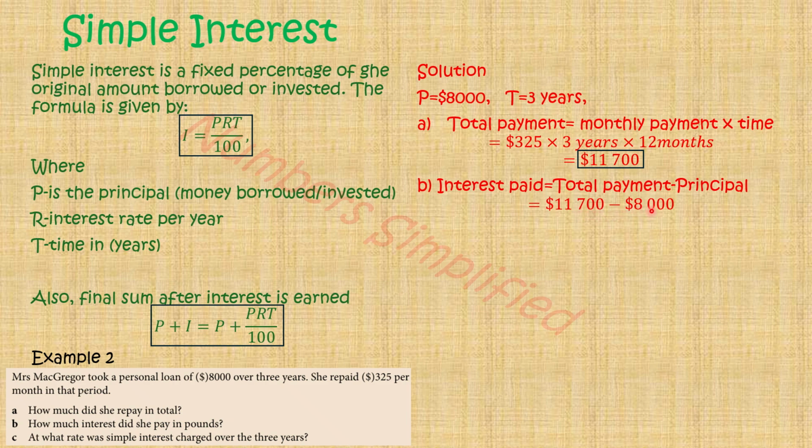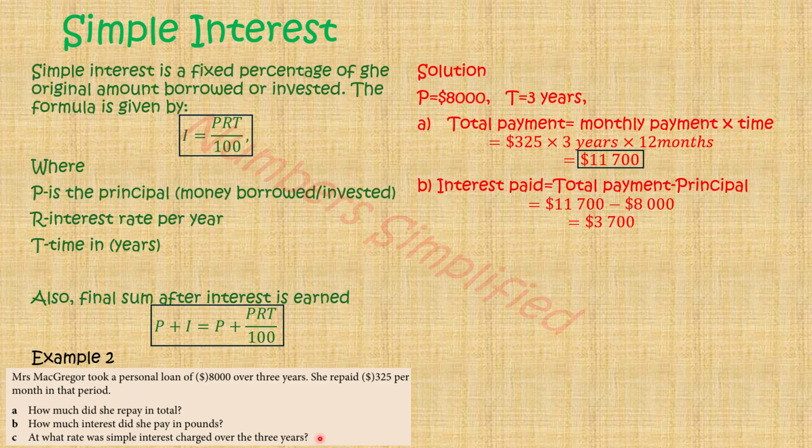Then we subtract the 8,000, and we are going to get $3,700. Right, so the amount is given in terms of dollars. Of course, you can convert this to pounds, but it will depend on the rate of the pound to the dollar. So I think we'll just stop here for now, and you can always convert this into pounds.